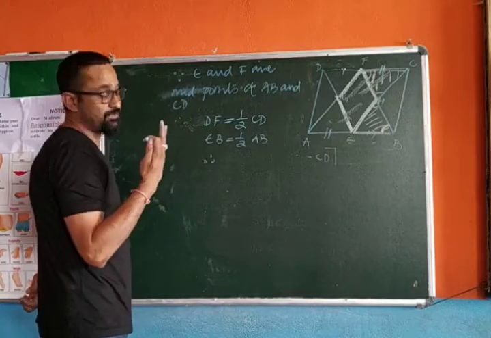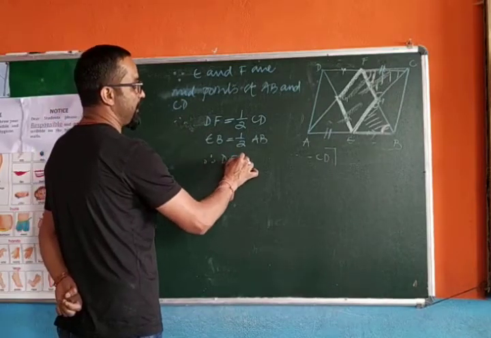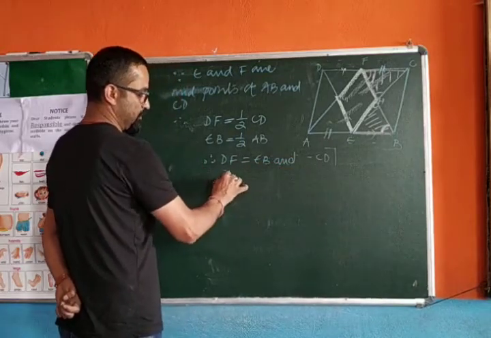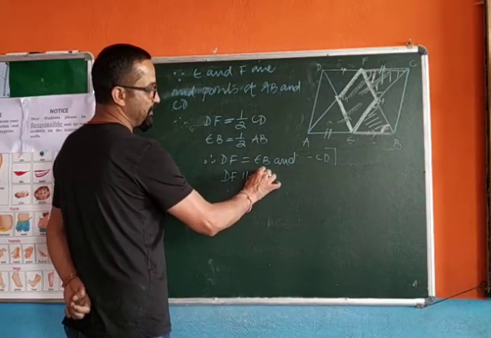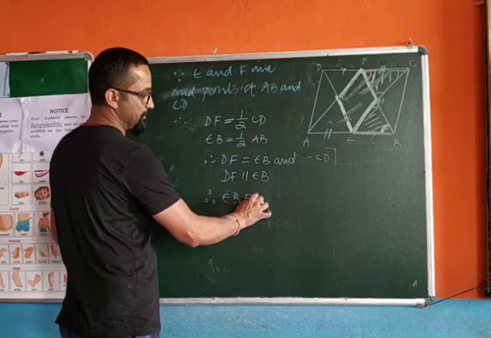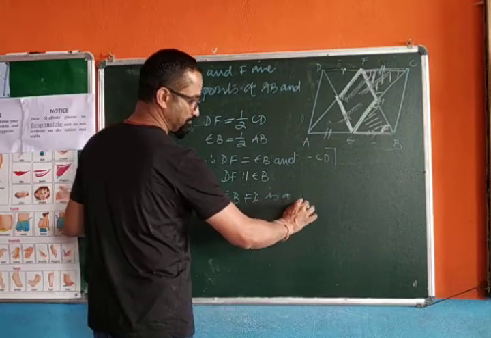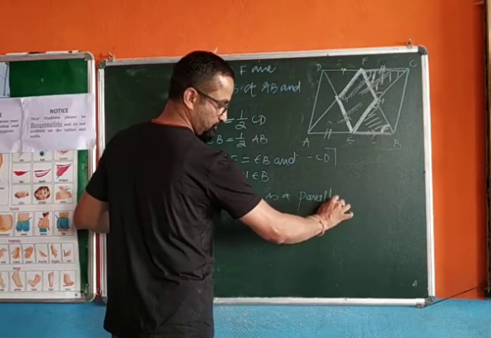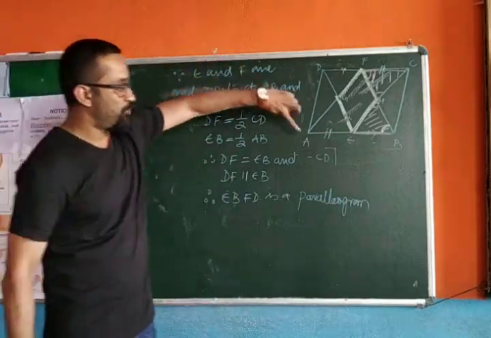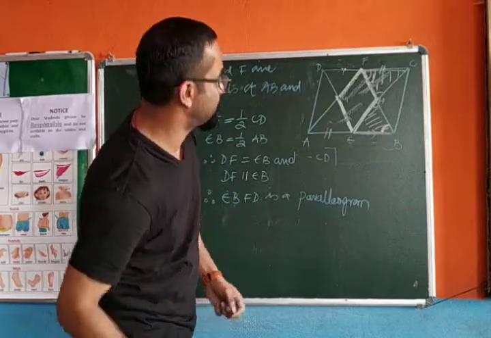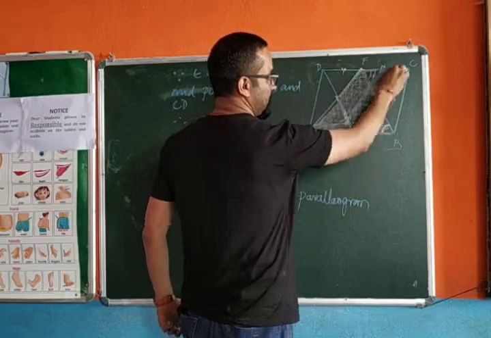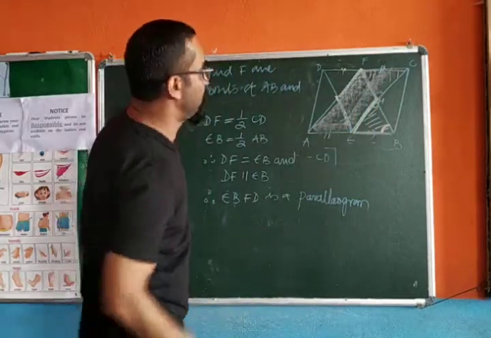Since they are sides of the parallelogram, we can write DF is equal to EB and DF is parallel to EB. Therefore, EBFD is a parallelogram. We proved the first one is a parallelogram, and the second one we are also proving a parallelogram.